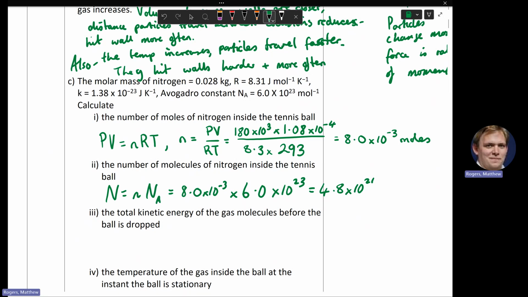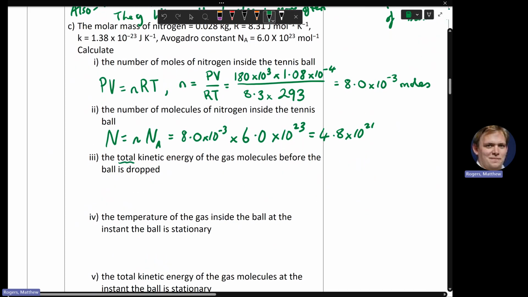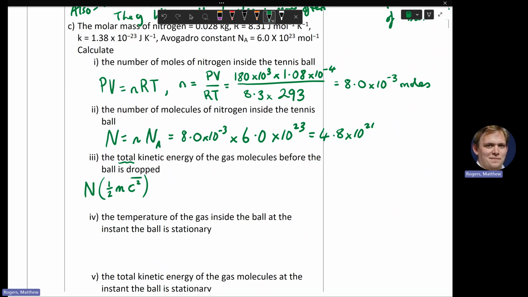3, the total kinetic energy of the gas molecules before the ball is dropped. We have to be careful here because we've got the total. So we want N times half m, and then because we're dealing with the molecules, c squared bar, the mean square speed.